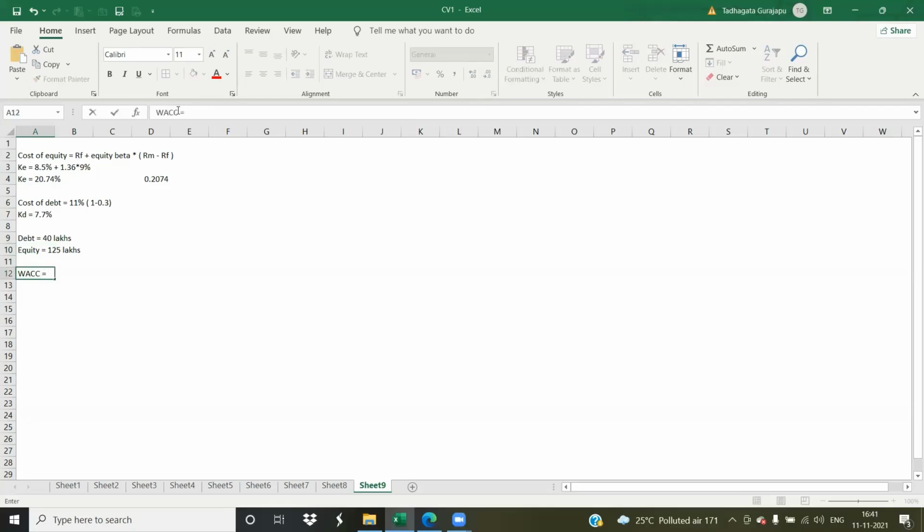So WACC is equal to 20.74, that is cost of equity, into its respective weight, that is 125, plus cost of debt, that is 7.7%, into 40, total divided by the sum of both the weights, it is 165.